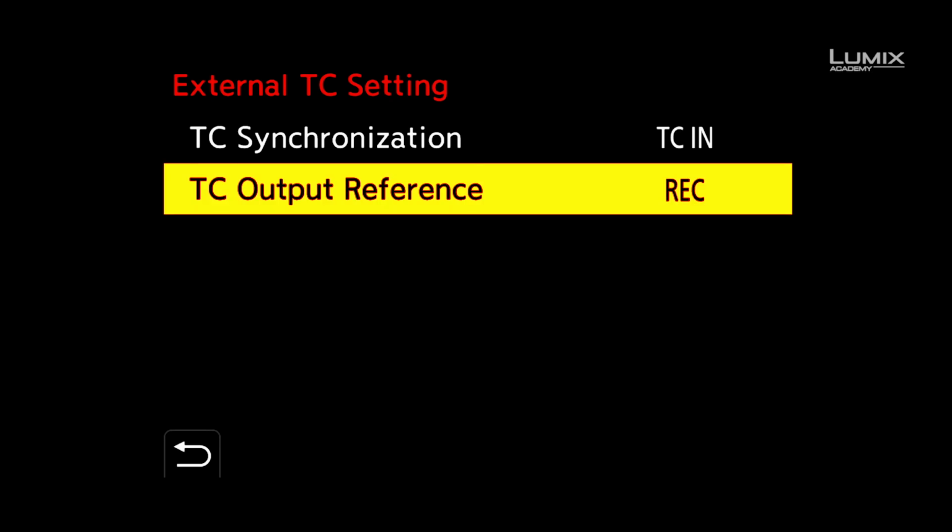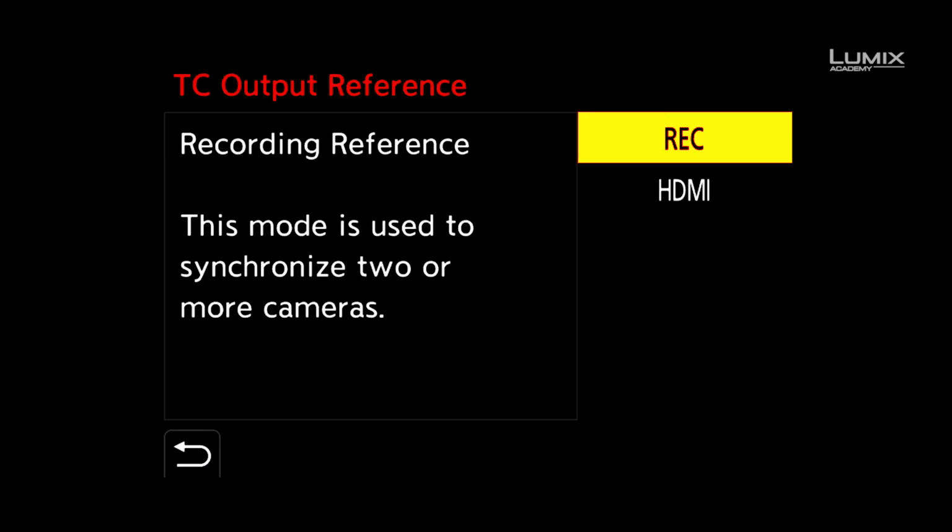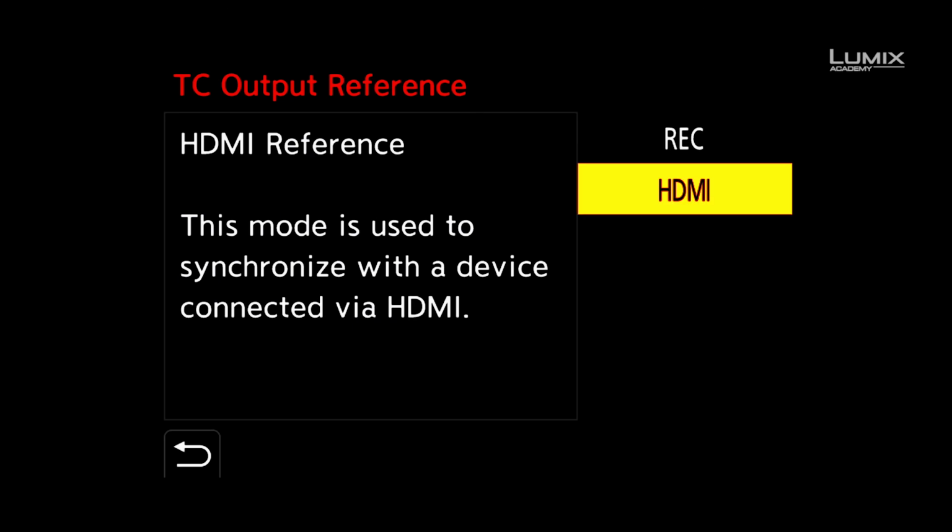The final option is timecode output reference, which allows you to choose between recording reference, which is the option you'll use in a multicam setting, or HDMI reference, which is used when you simply want to record externally via HDMI whilst retaining the sync.